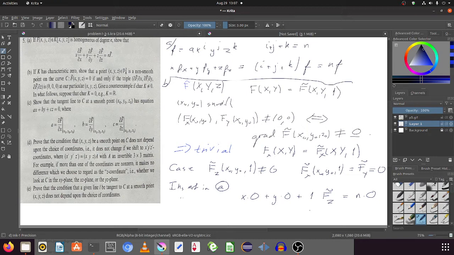Well, I have no idea. I can't even see where I'm using that the characteristic is 0. So we'll just have to start on C.